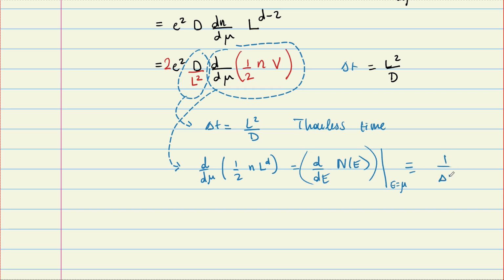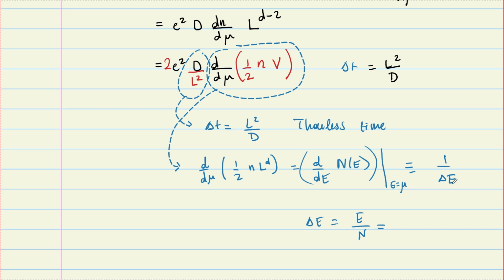And I'll write this as 1 over delta E. So delta E is going to be something like E over N, and in the differential form this is a more meaningful quantity.